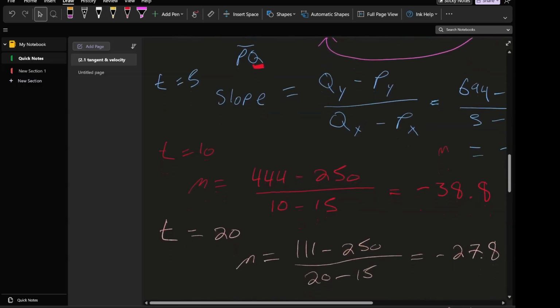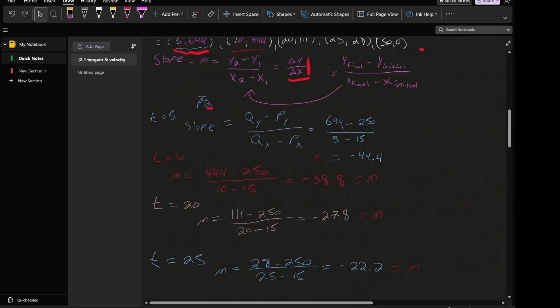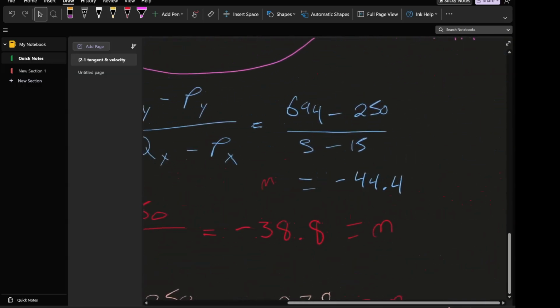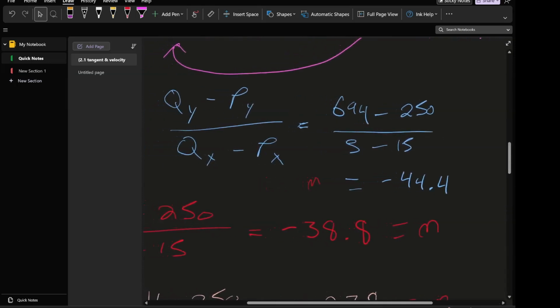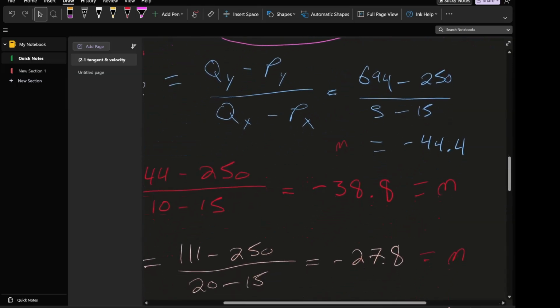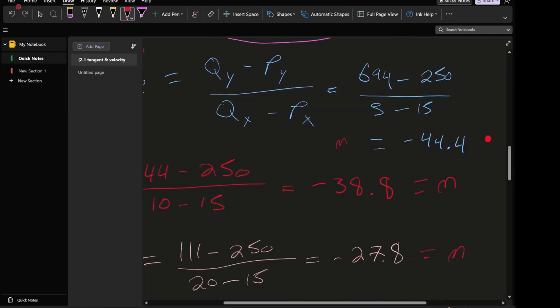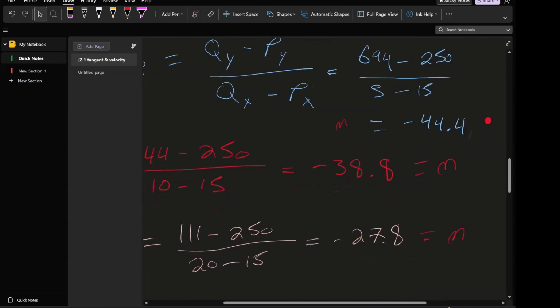So that gives you 694 minus 250 over 5 minus 15. You get that your slope is equal to negative 44.4.